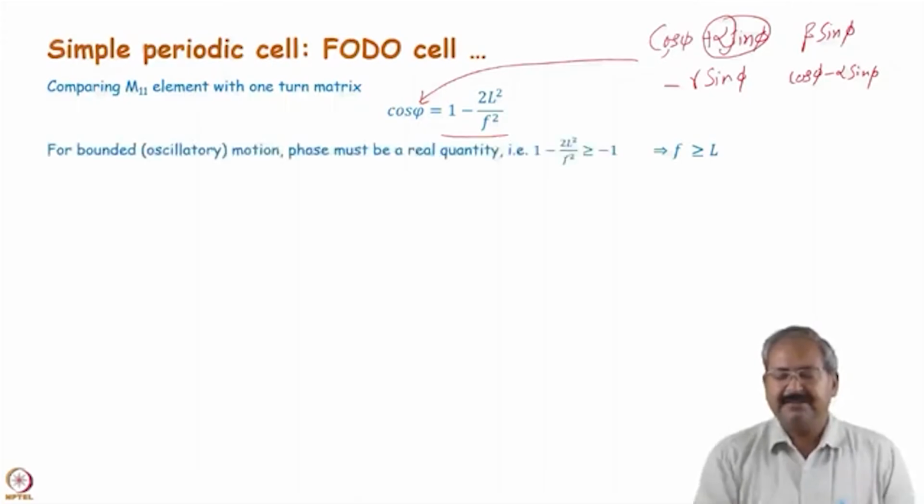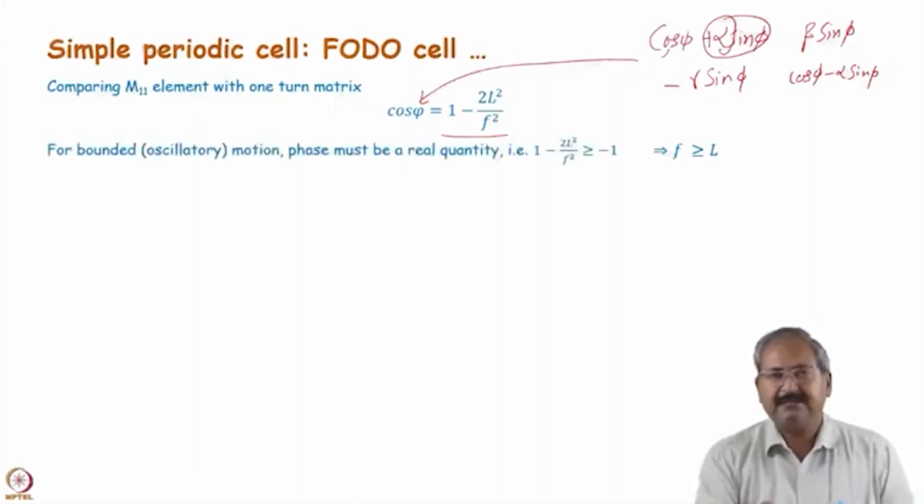And because cos phi must be smaller than 1 and greater than minus 1, when you put these limits, you will get that the focal length of the half quadrupole should be greater than the drift space length. Meaning if you want to make a stable FODO cell, this condition has to be met.